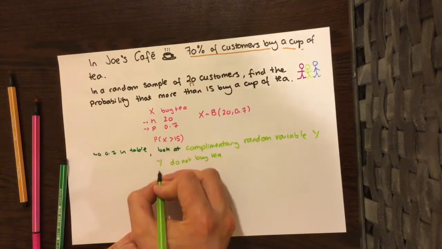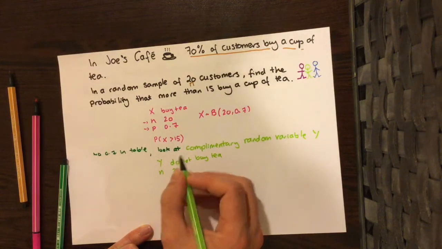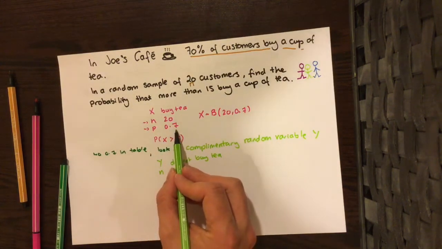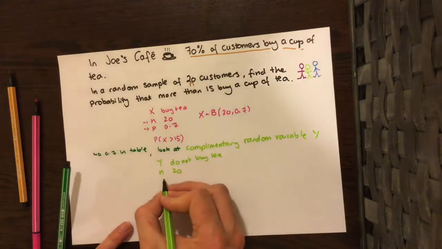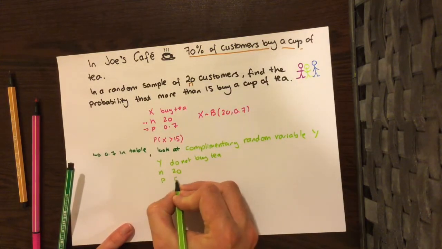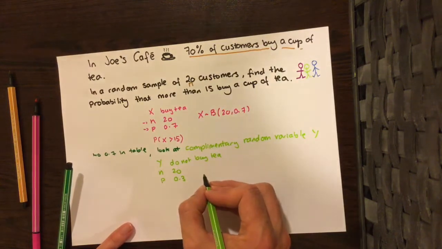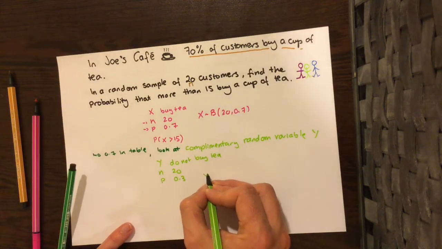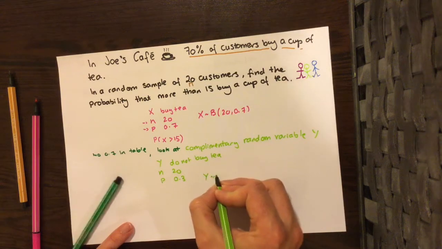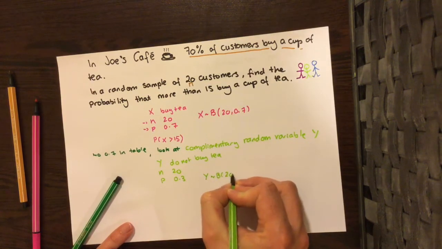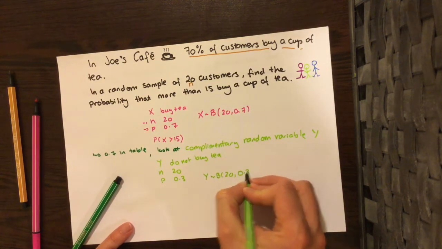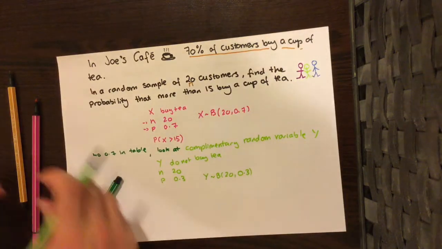Well, there's still 20 customers, but rather than a 0.7 chance of buying tea, there must be a 0.3 chance of not buying tea. Whatever strange people don't buy tea. So Y is again binomial 20, and this time it's 0.3, and that is in our table.